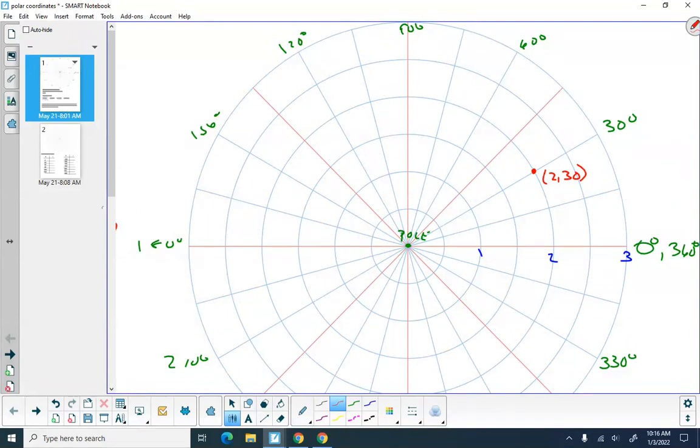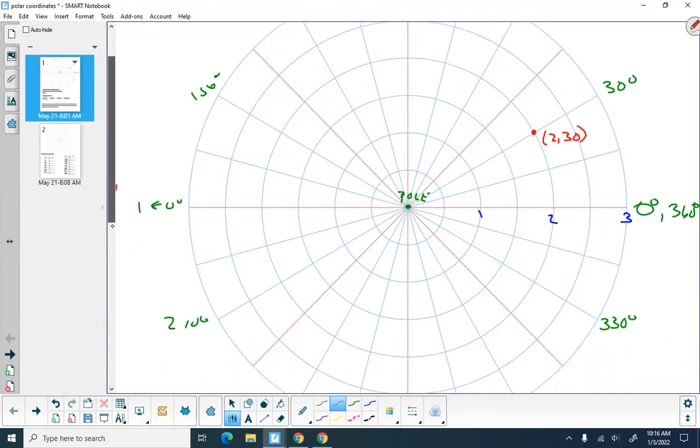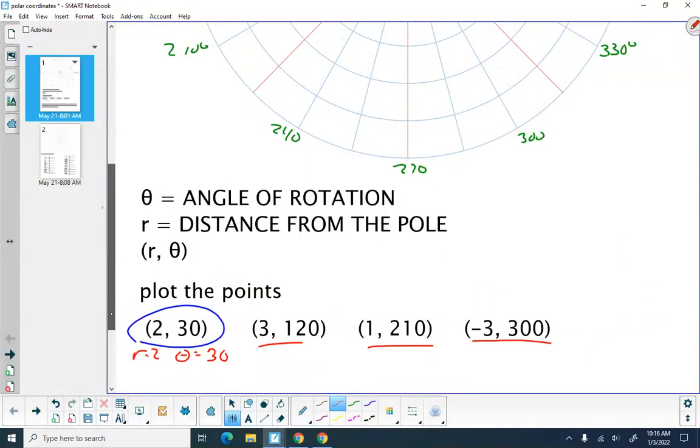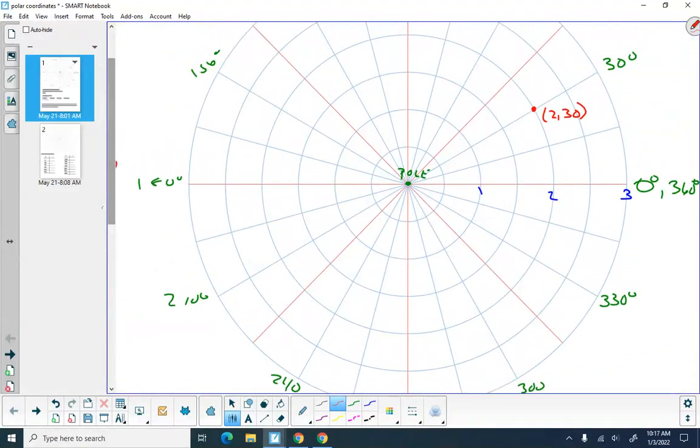The first 2 should be easy to do. You got 1, 120, and on the line of 3, we have 3, 120. Then we have 1, 210.